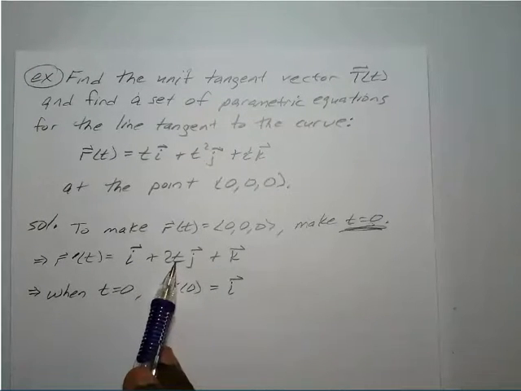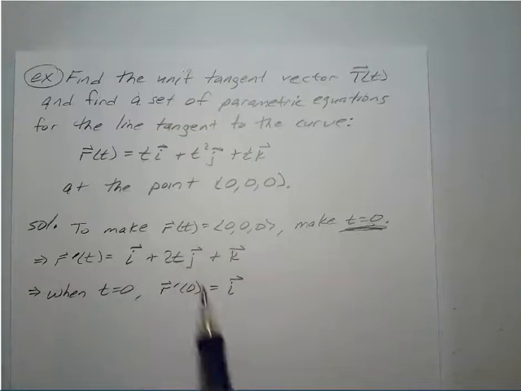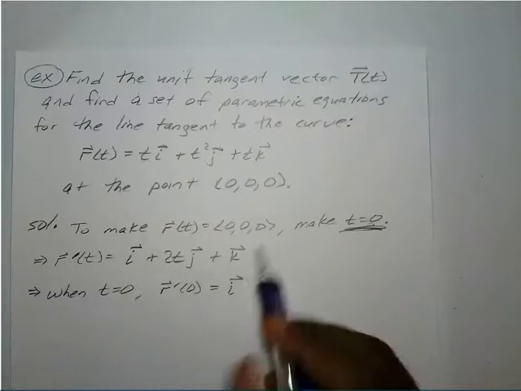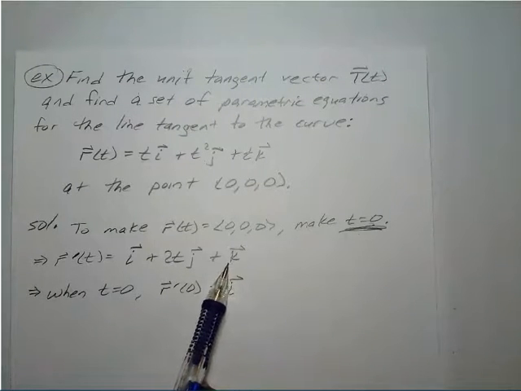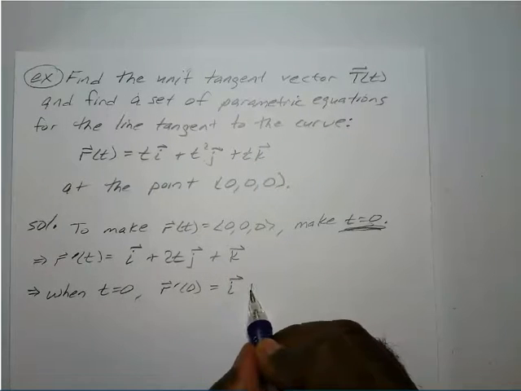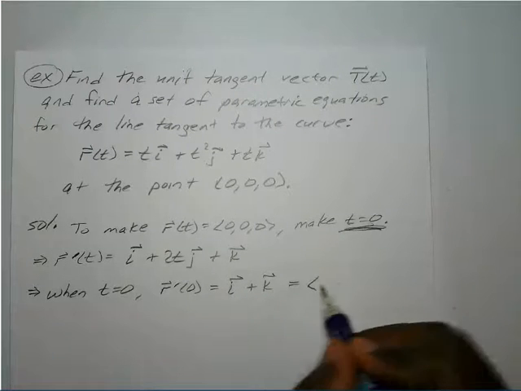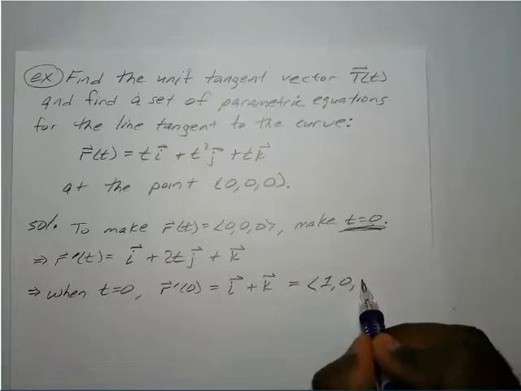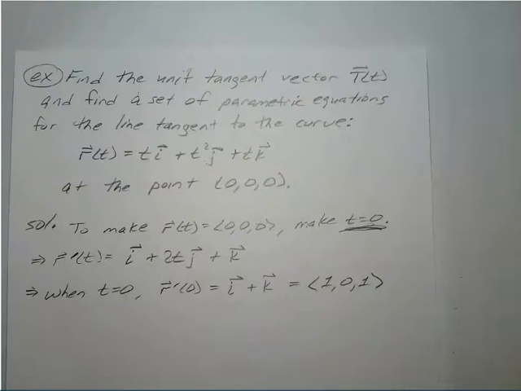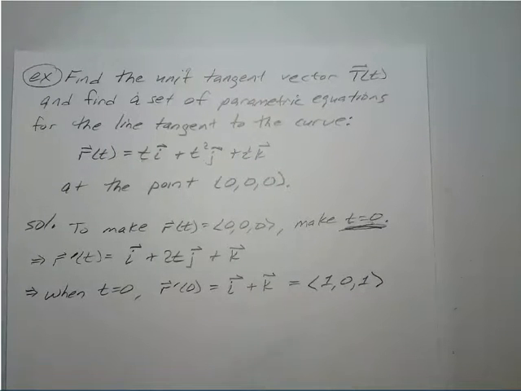If you plug in t equals 0 here, that whole thing disappears, so it's just 0j. You plug in t equals 0 here, there is no t, so that stays the same. So it's just i plus k, or you can make that equal 1, 0, 1, since there is no j.